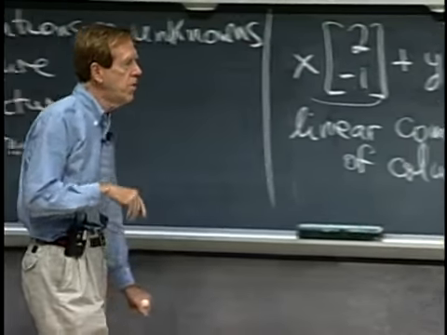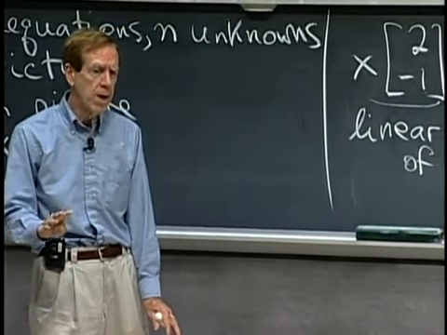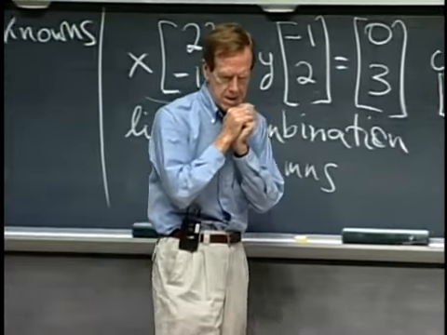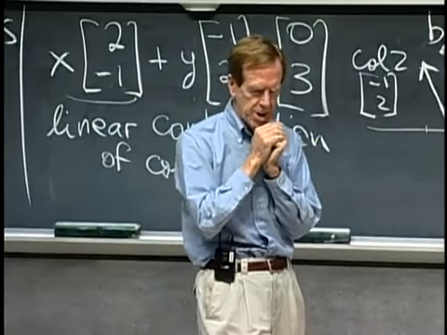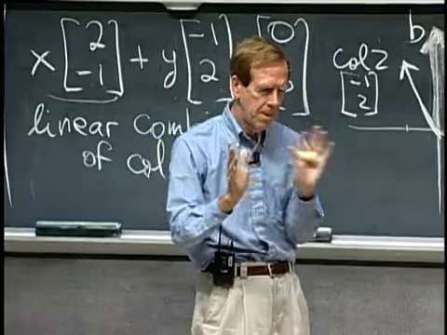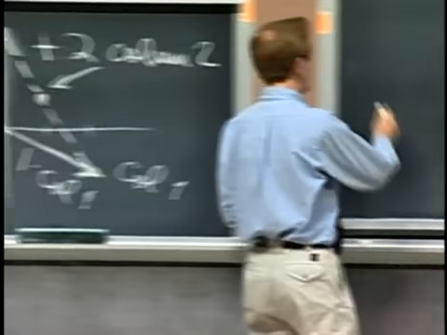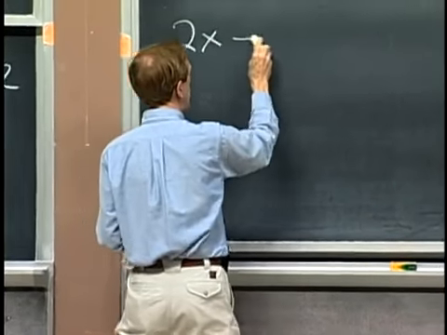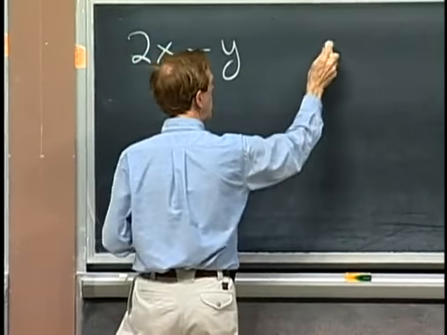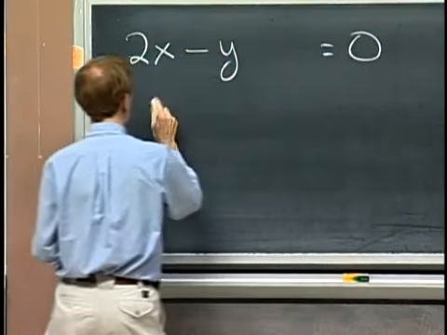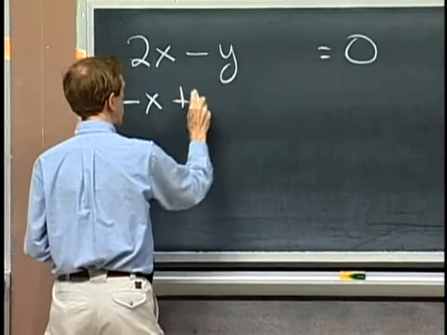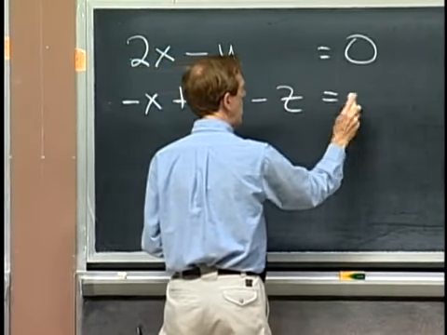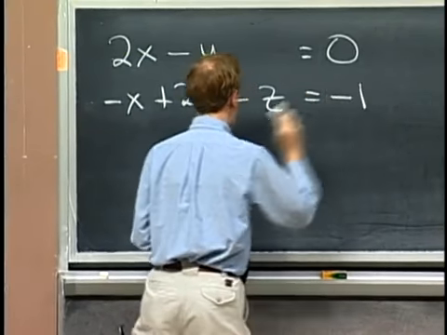Okay, can I move to 3 equations and 3 unknowns? Because it's easy to picture the 2 by 2 case. Let me do a 3 by 3 example. I'll sort of start it the same way, say 2x minus y, and I'll take no z's, as a 0, and a minus x and a 2y and a minus z is, let me make that a minus 1.